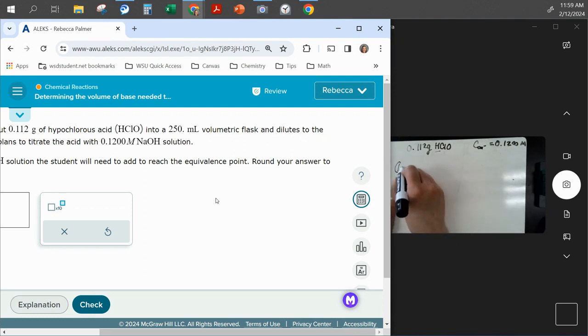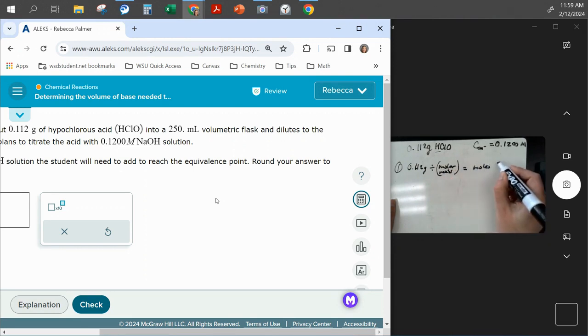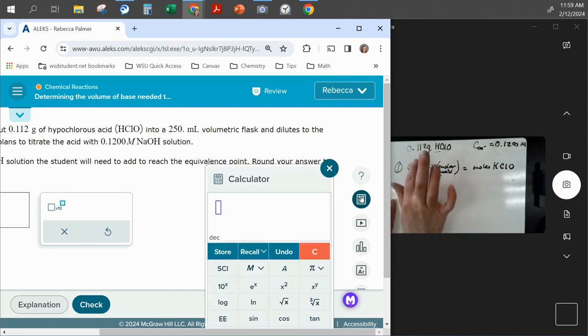The first thing we're going to do is find how many moles of acid we have. So we're going to do 0.112 grams, and divide by the molar mass of the acid. That'll give us the moles of HClO. This looks like a weird number, I'm just going to fix it. 0.112 divided by the molar mass.